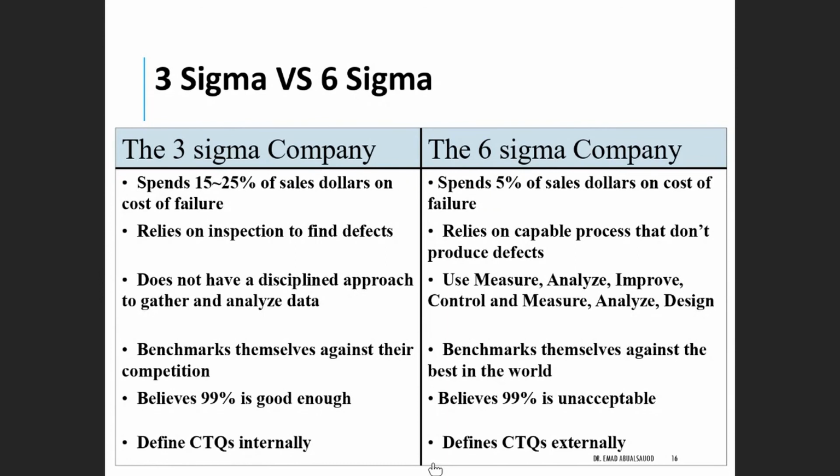After you collect the voice of the customer and convert it to something measurable, metrics, here they work internally, يعني inside the company or inside the organization. Here they define the critical to quality externally. They hear and listen to the end customer and the end user of the product. Then that's the difference between the two companies.